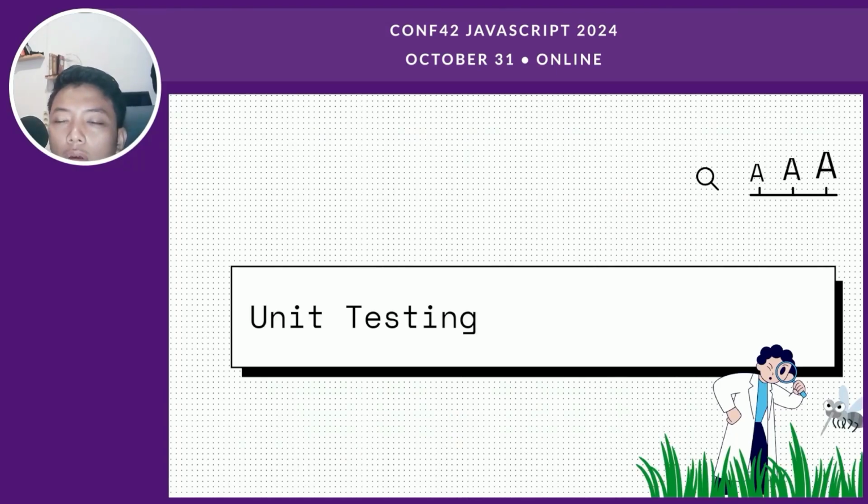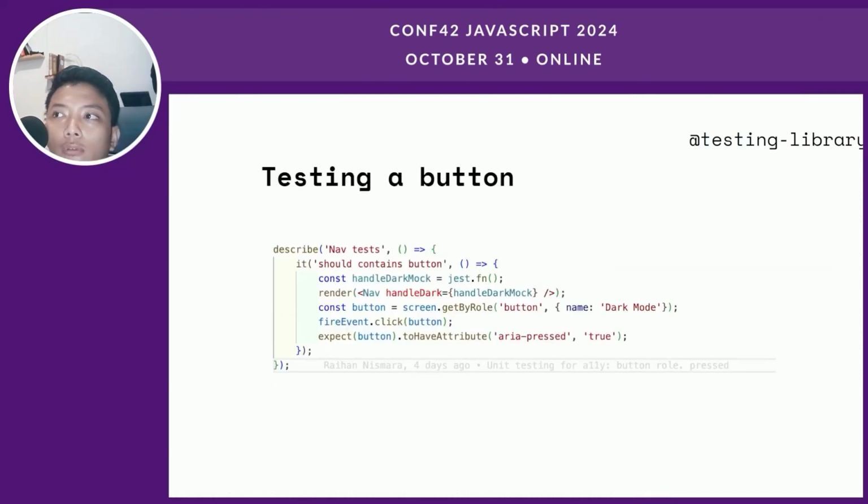Okay, now we're moving to the last part, which is unit testing. When you want to test your component and also have the accessibility aspect in your testing, you can follow along with these tips.